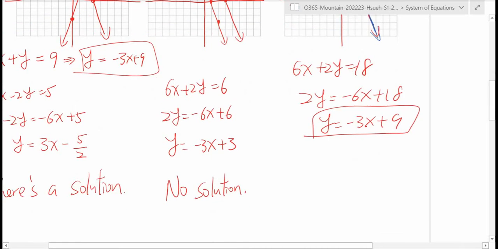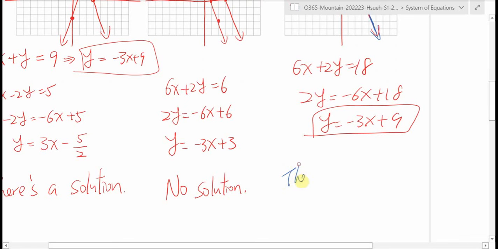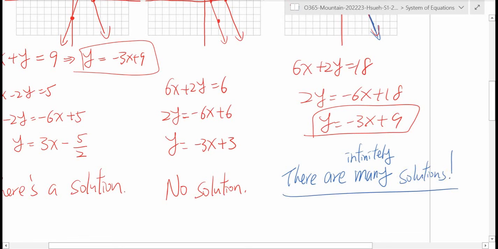But for this one, there are many. Actually, we call this infinitely many because every single point is a solution, and there's just countless of them. There are infinitely many solutions.